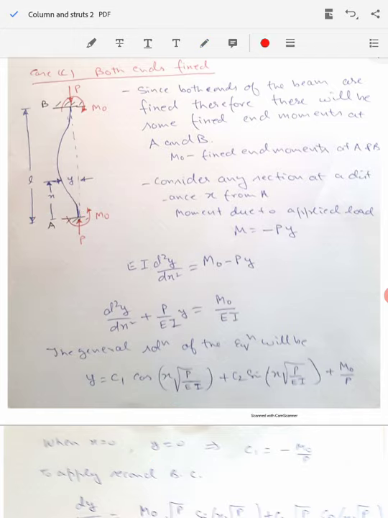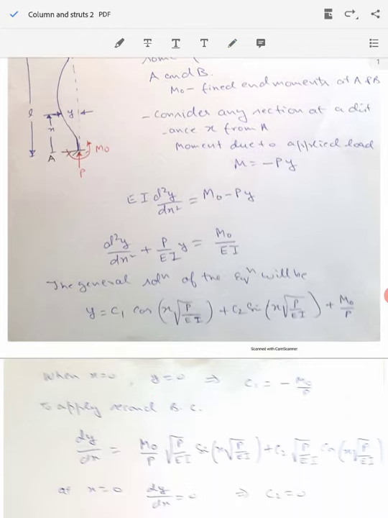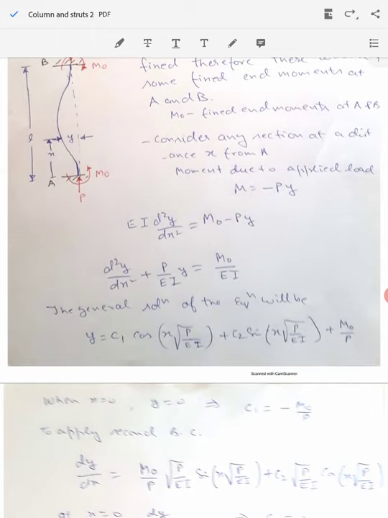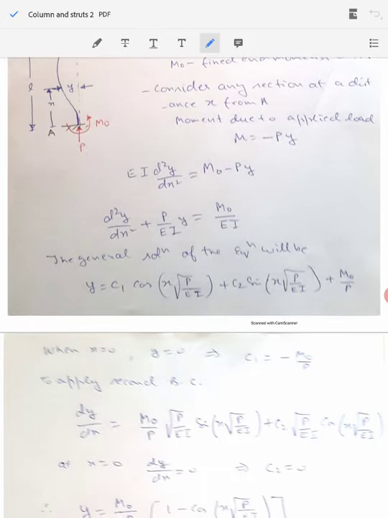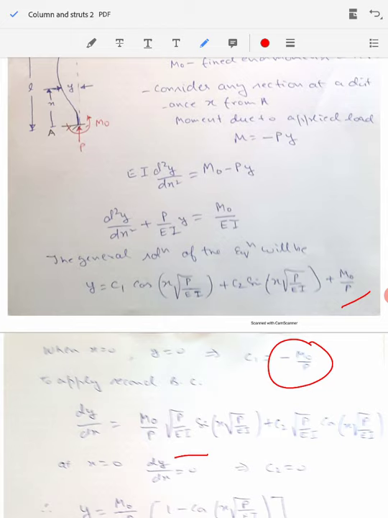So the first constant has been determined, and now for the second constant we need to differentiate the equation, because the second boundary condition is about the slope, that the slope is 0 at the fixed end, or at x equal to 0. So you differentiate the solution for the deflection. You get dy by dx equal to, you see C1 has a value of minus M0 by P, and because the differentiation of cos gives a minus sign, the two minus signs get cancelled out.